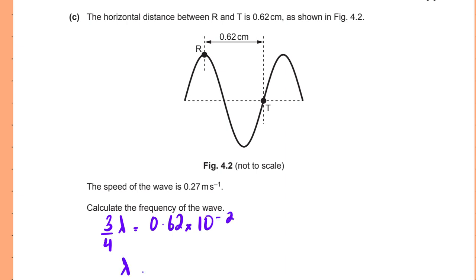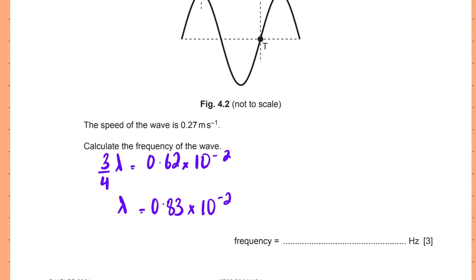So lambda would be this multiplied by 4 divided by 3. So this turns out to be 0.8333 into 10 to the negative 2. I need the frequency, so I'll just go ahead and use my calculator value with V equals F lambda. So F would be V over lambda. So 0.27 over 0.833 into 10 to the negative 2. This turns out to be 33 Hertz.